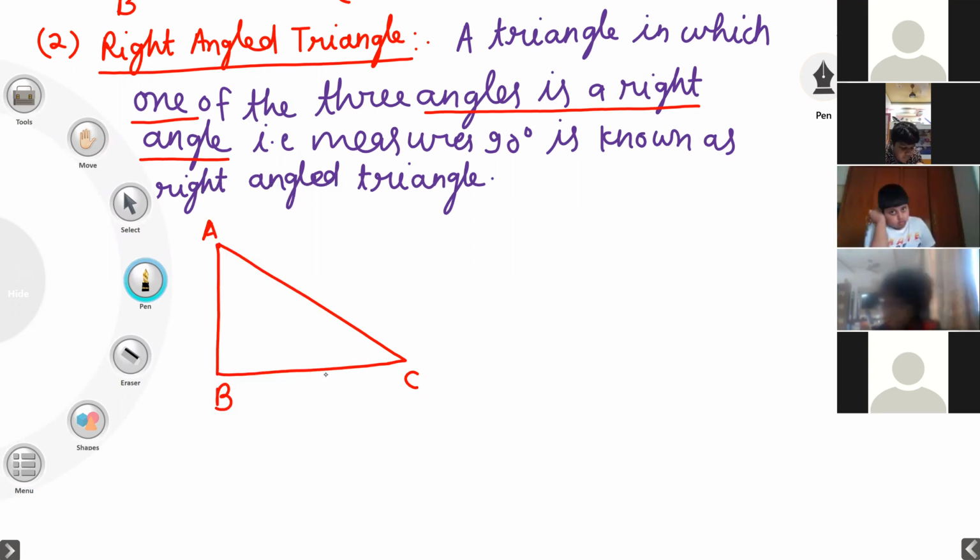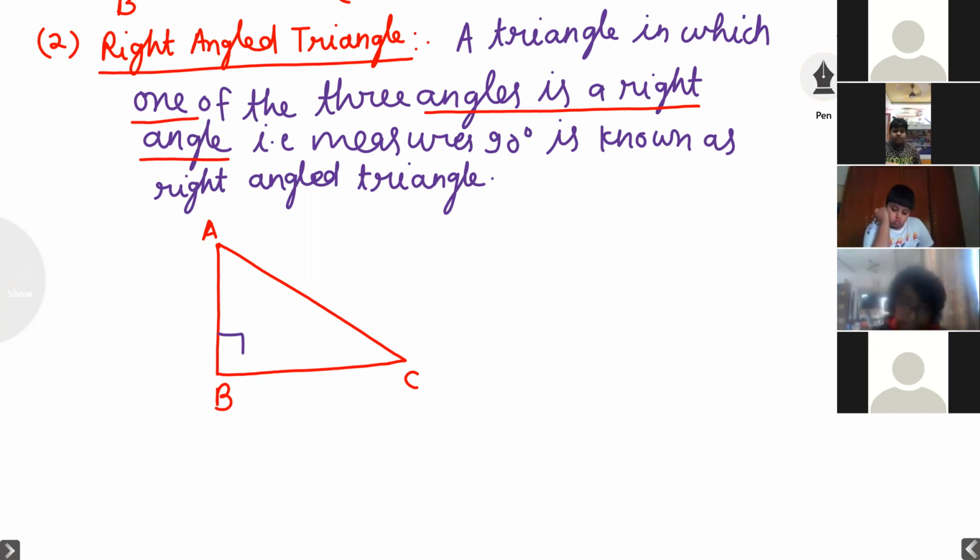This angle is 90-degree angle, 60 angle, 30-degree angle. You are observing, students, one angle is 90-degree. If one angle is 90-degree, that is called right angled.